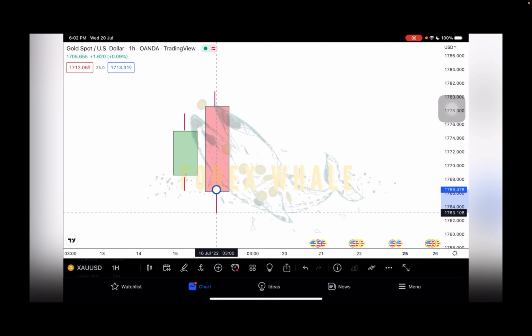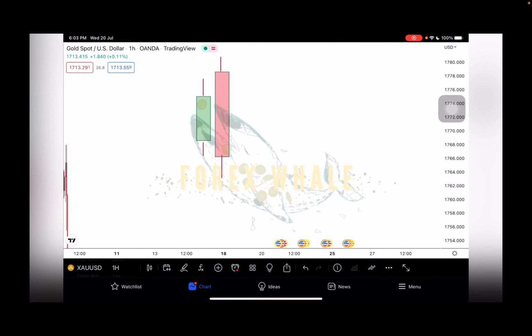The best engulfing candlestick is when not only the body size is bigger than the previous candle, but also the shadow. I'll show you.